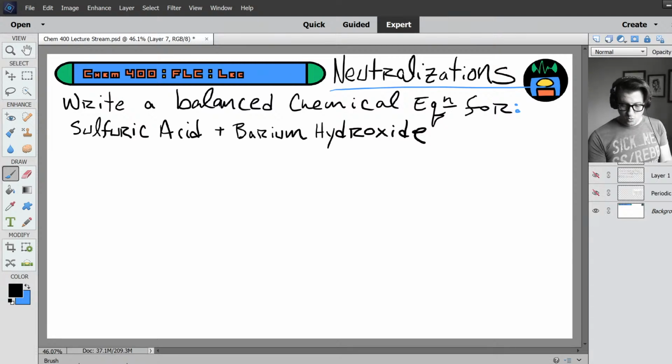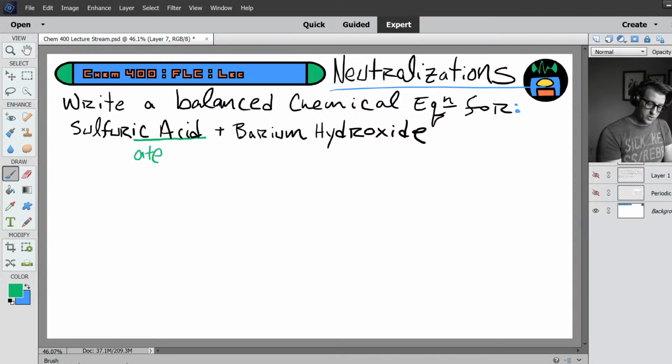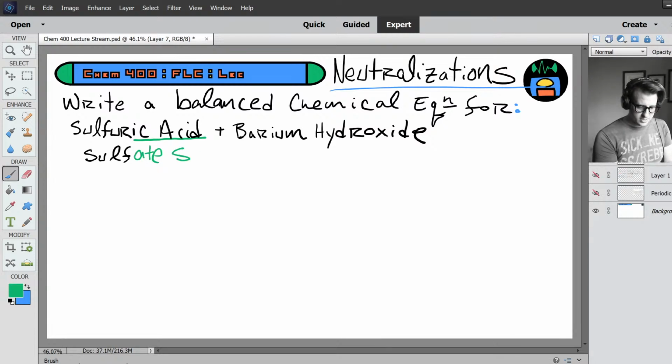So again, we're in the same boat where we have to figure out what our acid is, and an ic acid came from an ion whose name ends in ate. So this is from the polyatomic ion sulfate, and sulfate has a chemical formula SO4 with a charge of -2, and that charge is crucial because that tells us how many hydrogens sulfuric acid has.